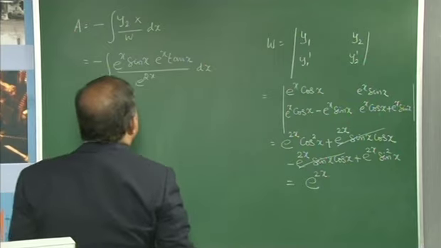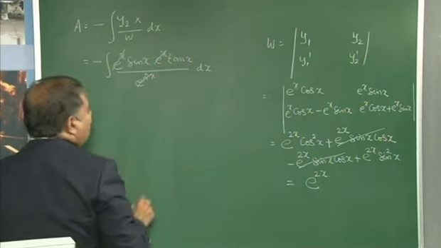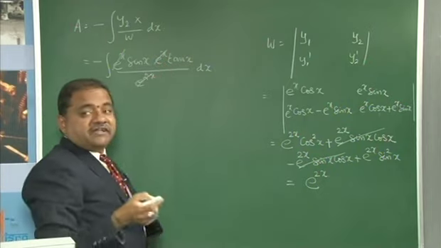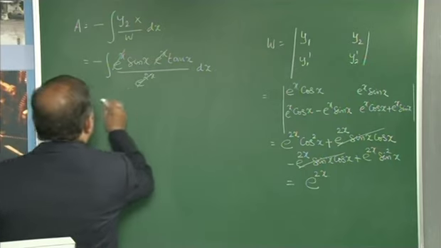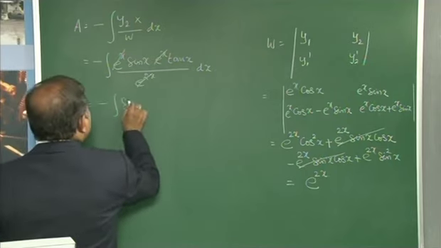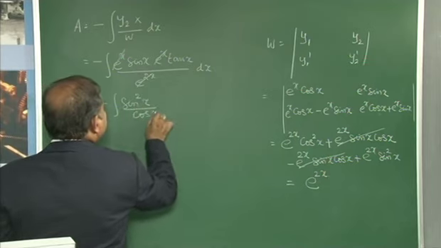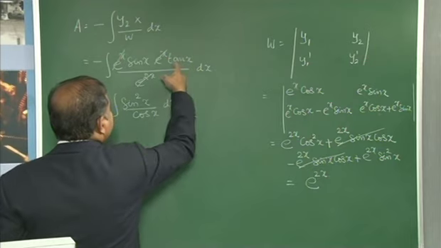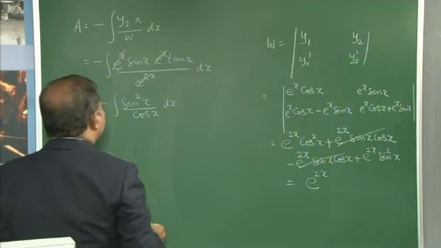You can see whenever exponentials are given, 90% it gets cancelled along with some other functions. So minus integral sin² x by cos x dx, because tan x is sin x by cos x.